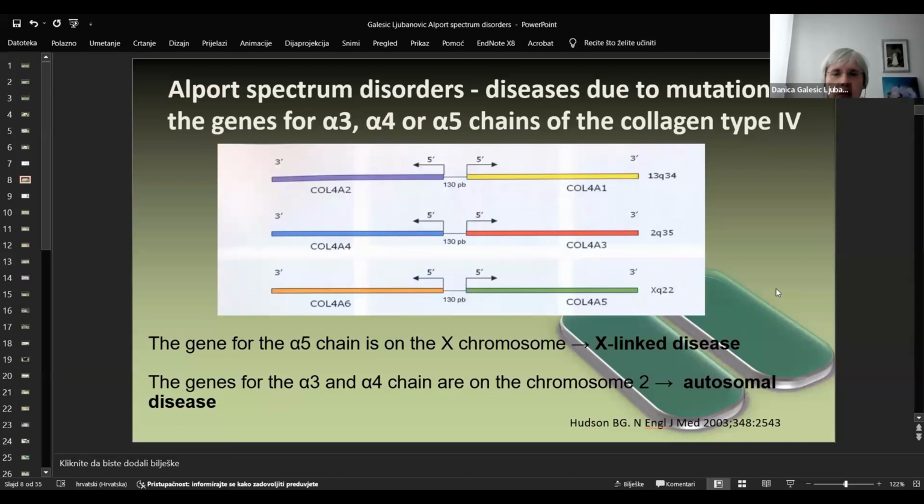Because the gene for the alpha 5 chain is on the X chromosome, if a patient has variants in this gene, he or she will have X-linked disease.